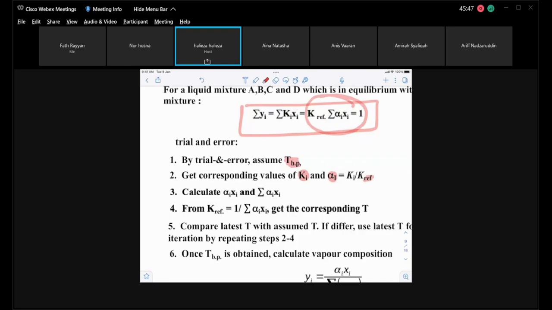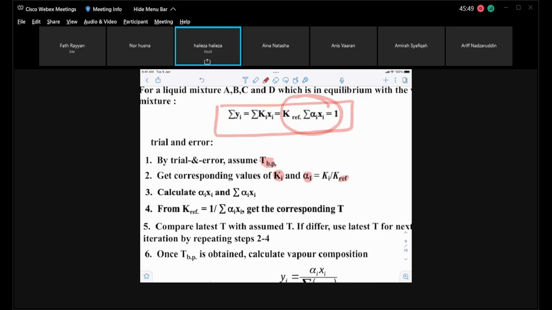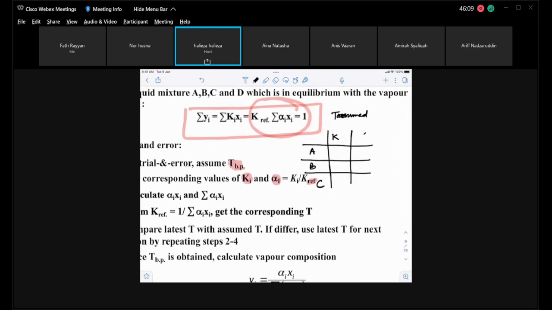So you're going to tabulate your calculated values. For example, T is equal to the assumed temperature. Your components A, B, and C. You're going to get your K value, and you're going to get your alpha value for every component.